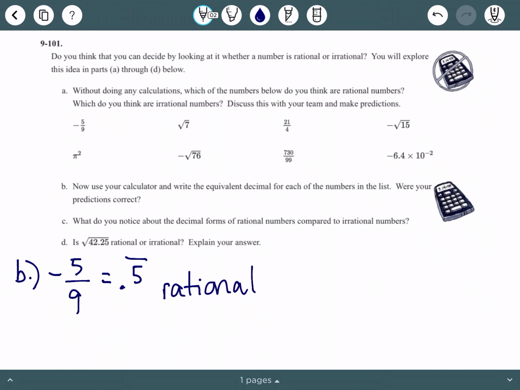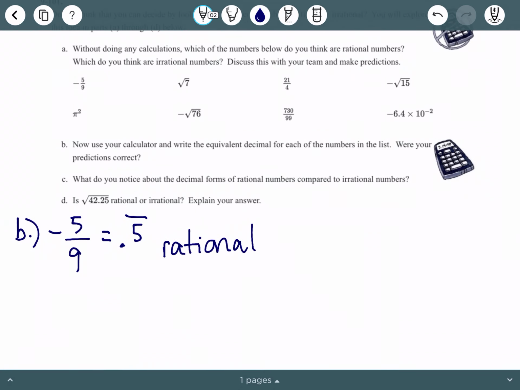Okay, our next one is the square root of 7. You can go ahead and put that into your calculator. We're just going to do the square root of 7. And the decimal equivalent is 2.645751311.